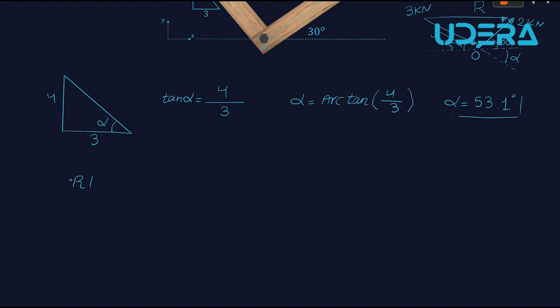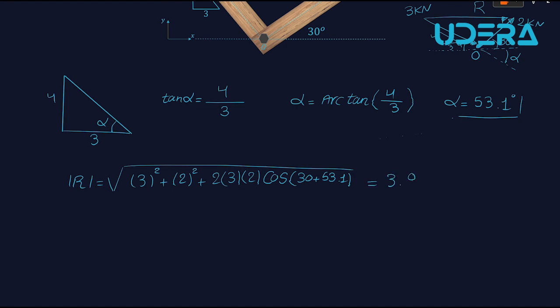So R is equal to the square root of 3 power 2 plus 2 power 2 plus 2 times 3 times 2 times cosine of 30 plus 53.1. And the result will be 3.8 kilonewtons.